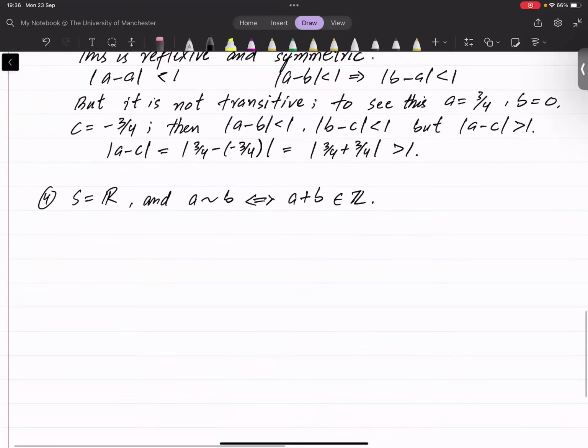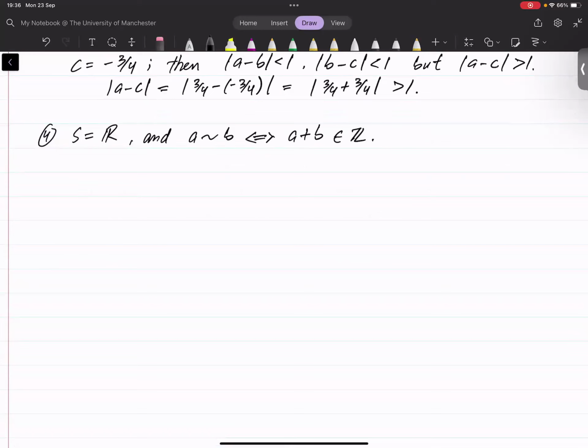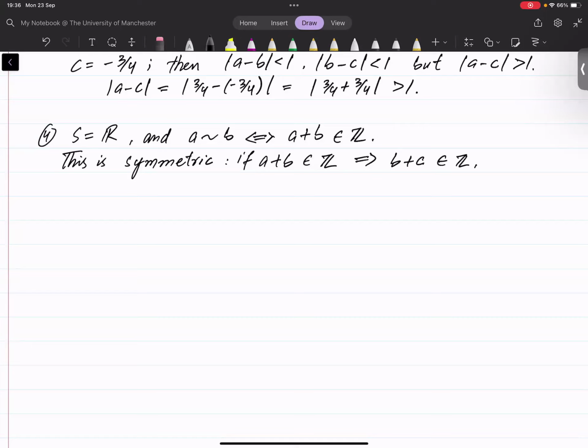Now for this relation, we know that it is symmetric, as if A plus B is an integer, then B plus A is also an integer. But it is not reflexive and transitive.